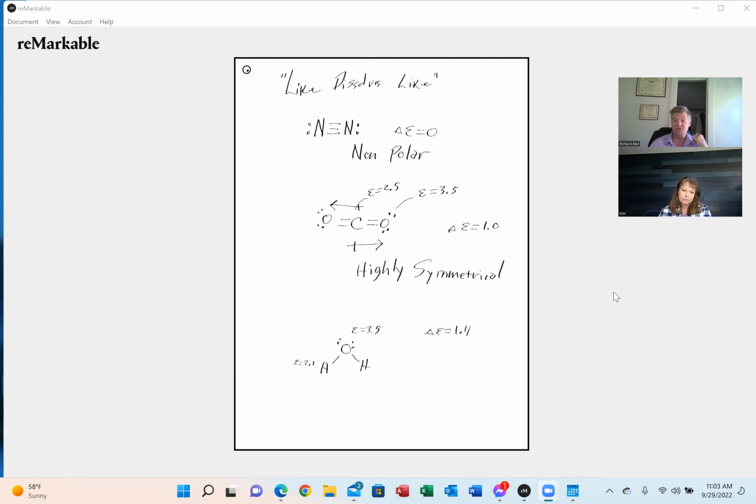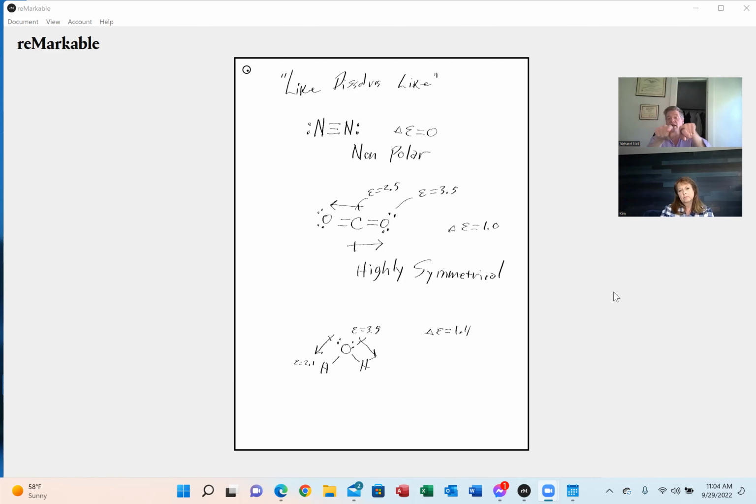That's a pretty big difference in electronegativity. So yes, we have a polar bond. But how many polar bonds do we actually have? 2. Again, same element bonded to the central element, so those two polar bonds are exactly the same strength.